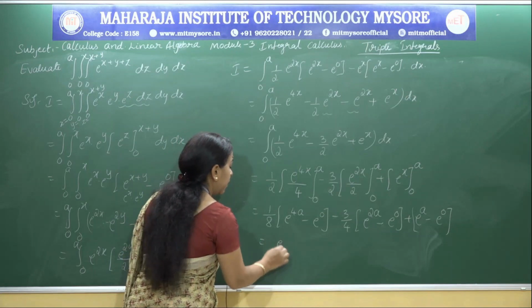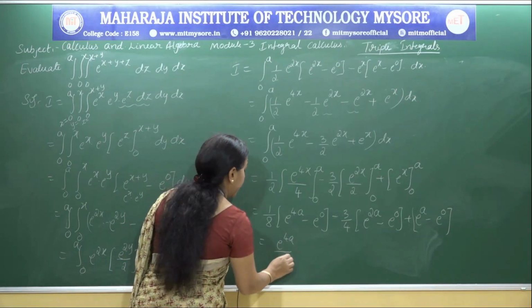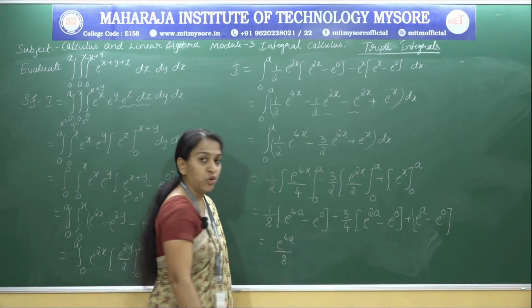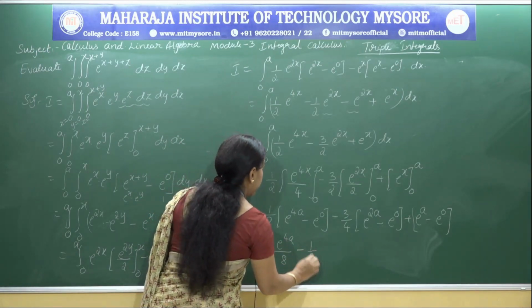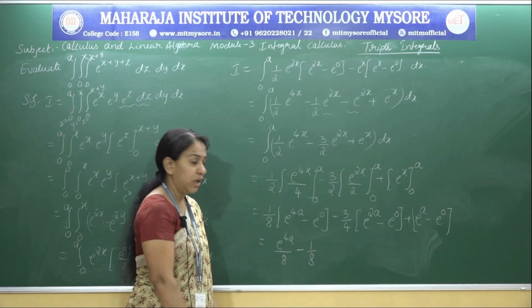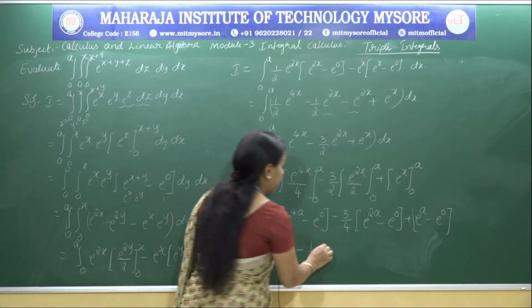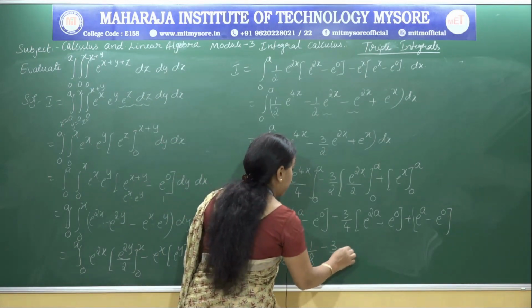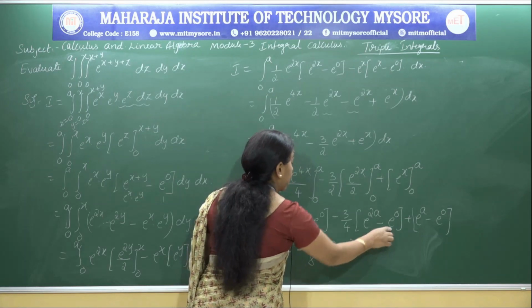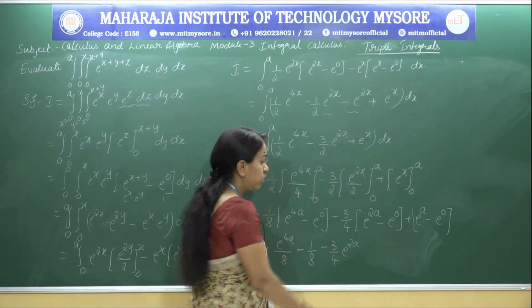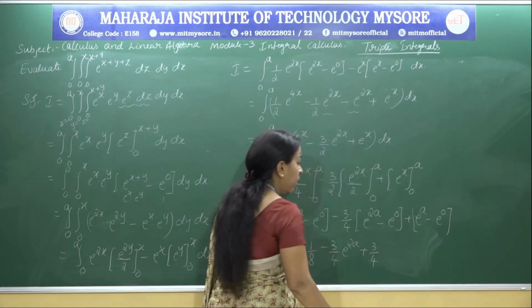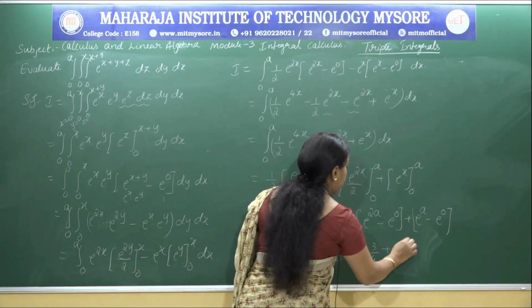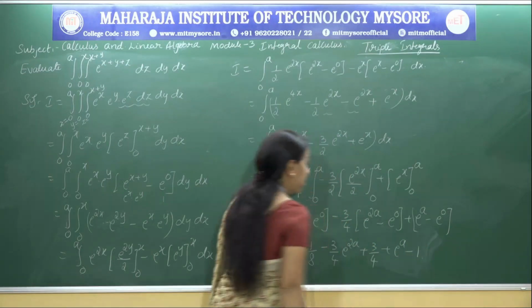So simplify this: e power 4a by 8, e power 0 is 1, so 1 into 1 by 8, minus 1 by 8, minus 3 by 4 times of e power 2a, e power 0 is 1, so minus of minus plus 3 by 4, plus e power a minus 1.